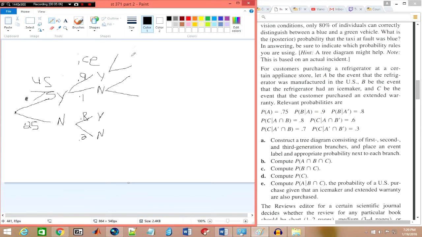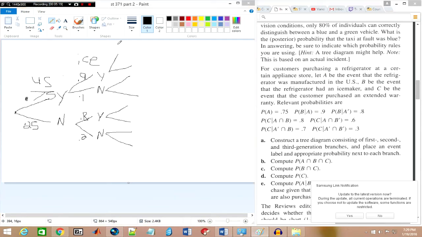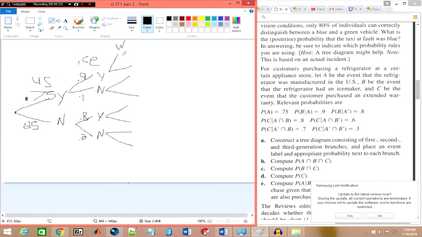And now we have to do one more branch. The last one is the warranty, so I'm going to put that as W. This is the probability of C given A and B. So this is the probability of A, yes and no, A complement, B complement, C complement, and so forth.